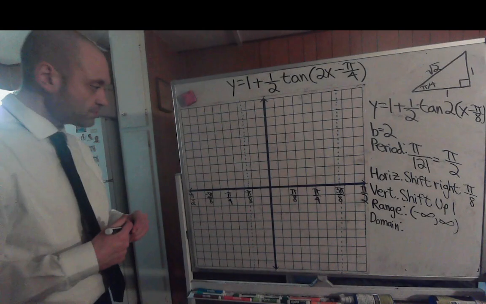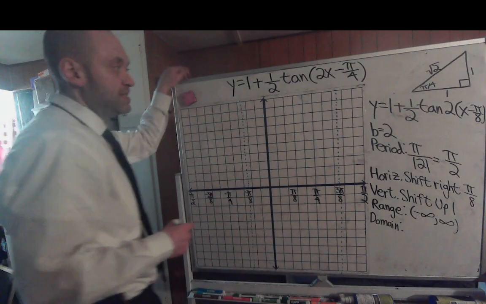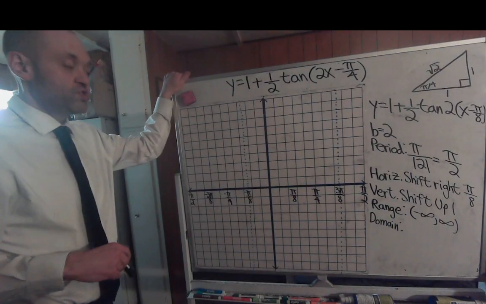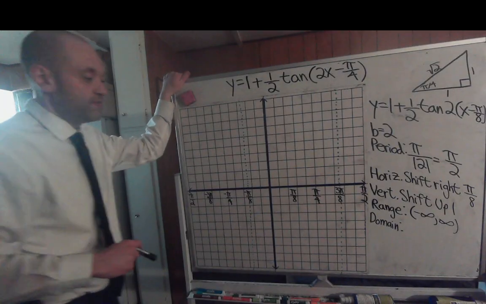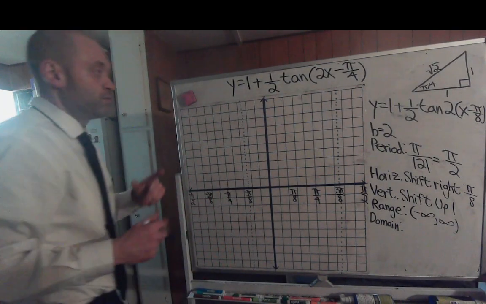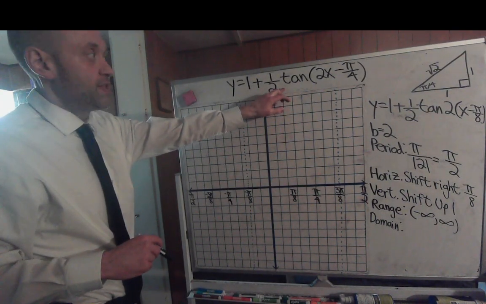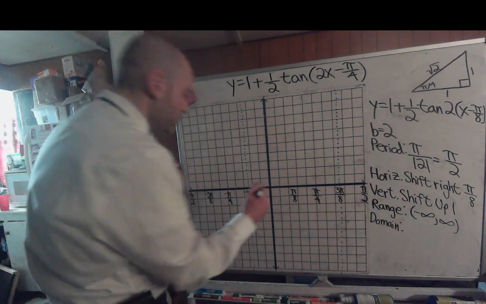Now, let's put in 0 for x. If I put in 0, I'll get the tangent of negative pi over 4, which is negative 1. Well, what's negative 1 times a half? That's negative 1/2, but if I add 1 to that, I'll get positive 1/2.